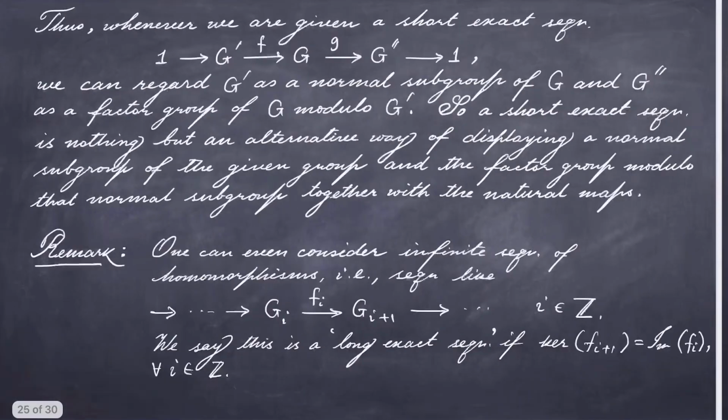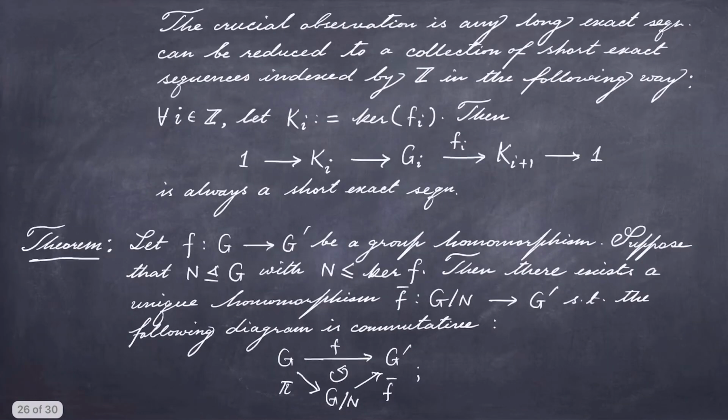So thus given a long exact sequence, for every i in Z we have a short exact sequence just by considering the kernels of the f_i's. Okay.